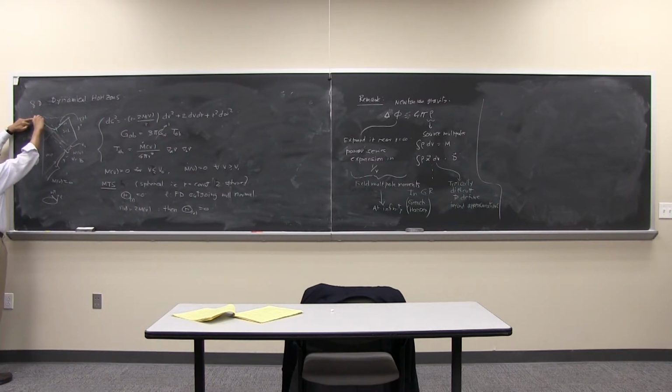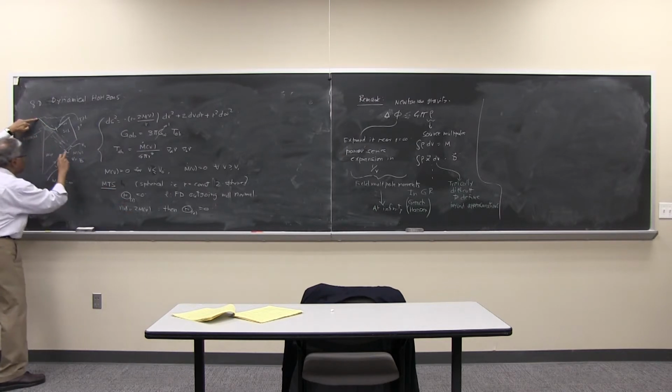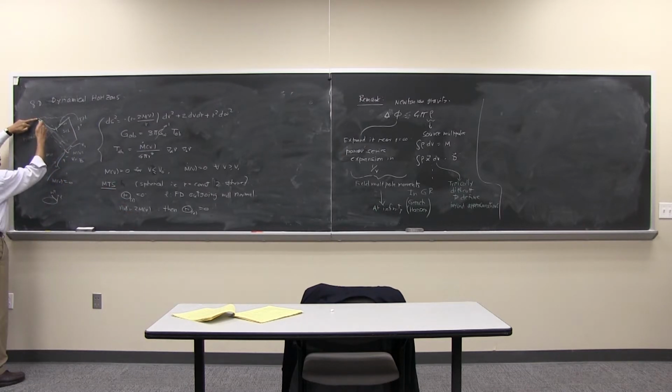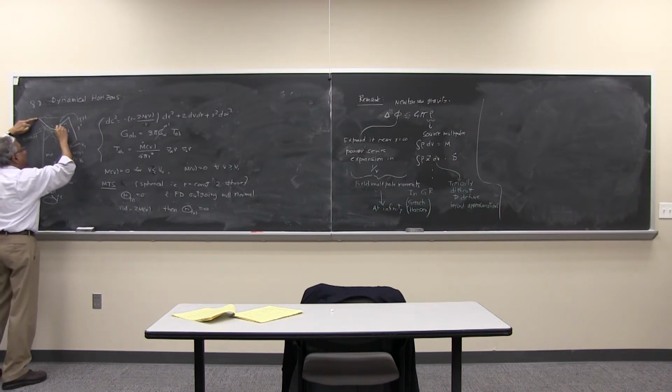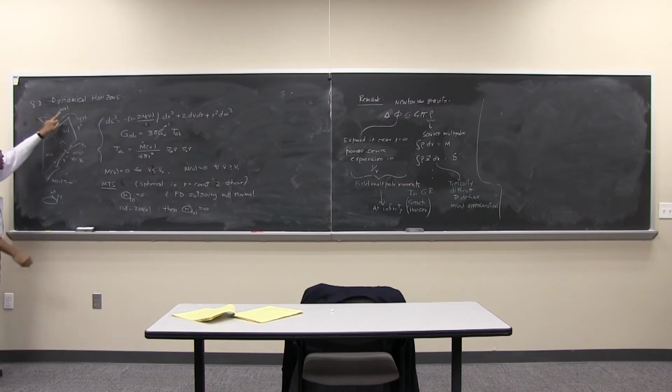At this point, M of V is just 0, so to begin with it starts with 0 area, and it grows until we get here. Here M of V1 is constant, and the mass does not change. Therefore, in the region up here, the radius of these marginally trapped surfaces grows from 0 to M of V1.